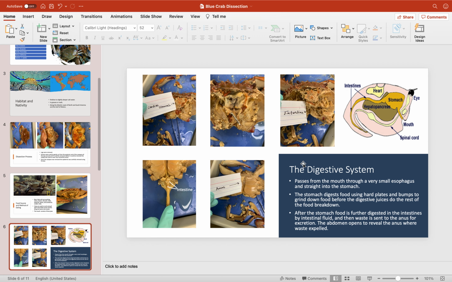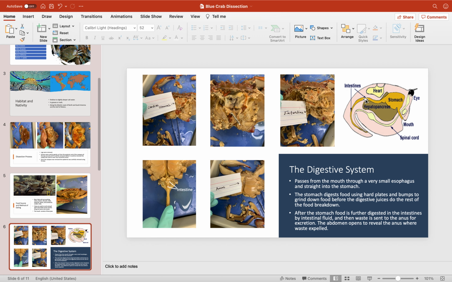Just as you might expect from the stomach, the food goes into the intestines, which can further gain some of the nutrients from it before it takes the rest and eliminates it as waste. So the intestine is located underneath the heart. It's kind of hard to picture here, but the heart is right here, and you can see the intestine follows down here.